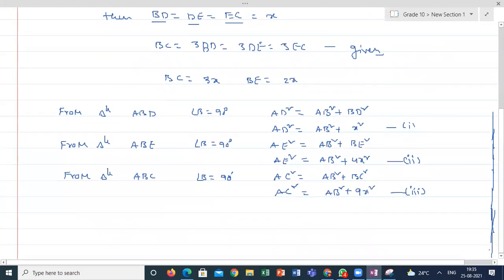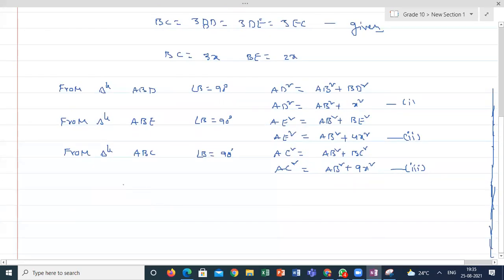If I am able to prove 8AE square minus 3AC square minus 5AD square is equal to 0, then this statement is also correct, because I am proving this statement from this only.